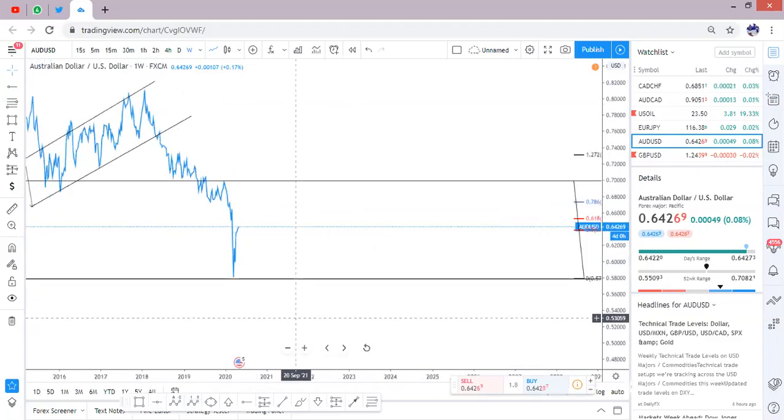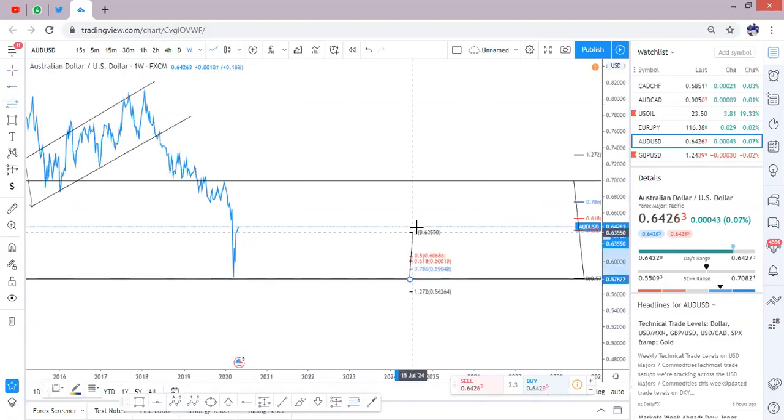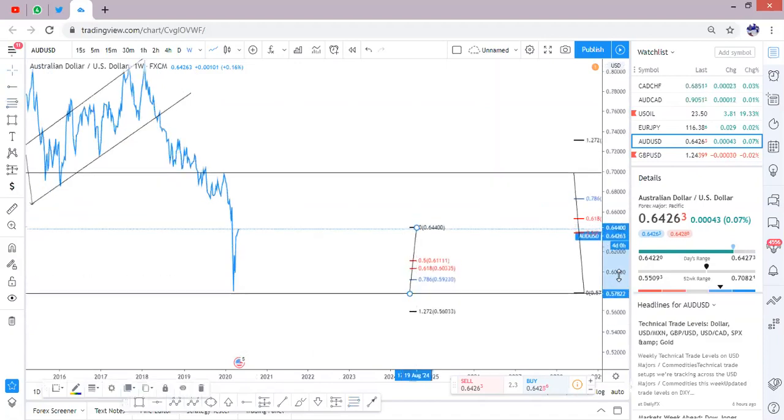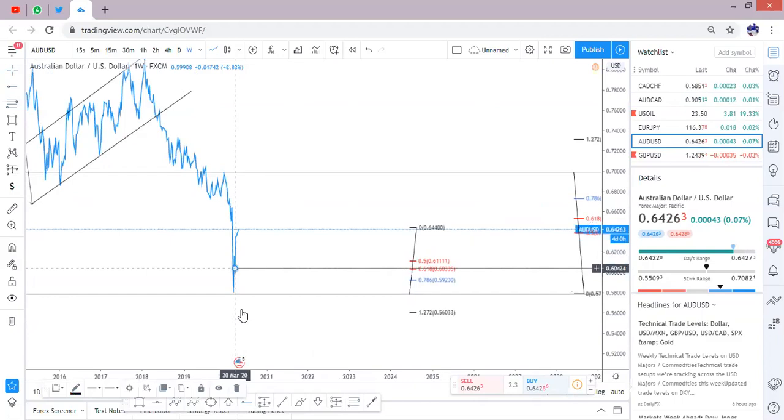And what I have to do here is from here, then I'll be looking at this area, price to come back to that area.